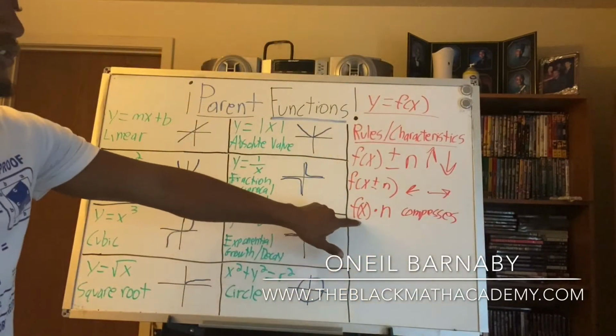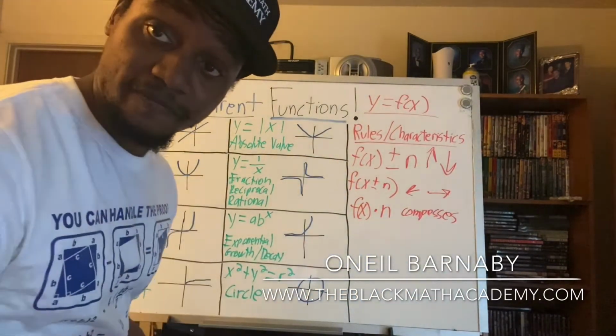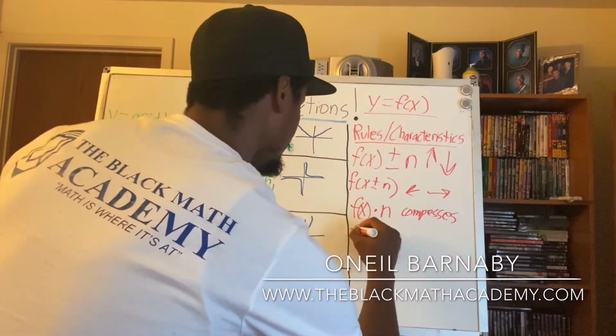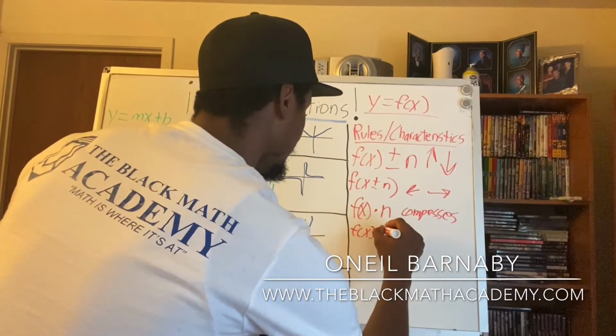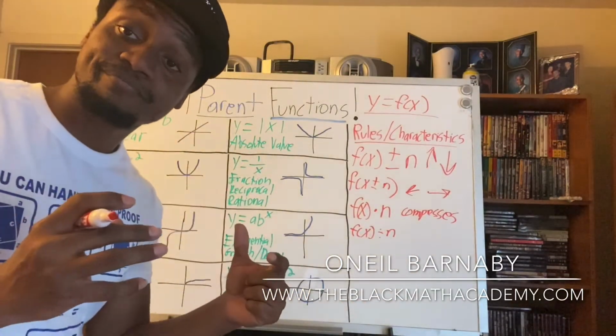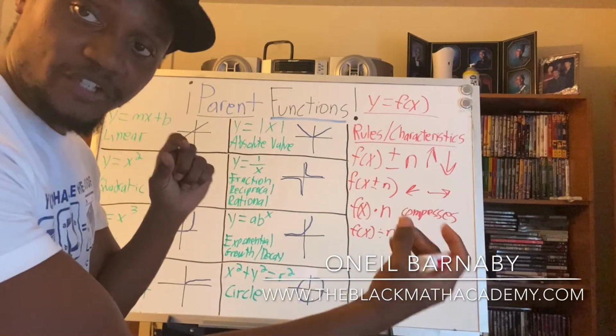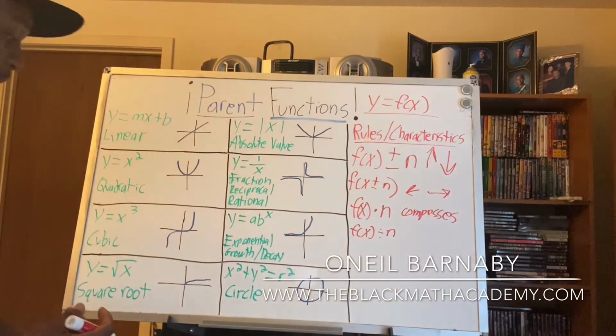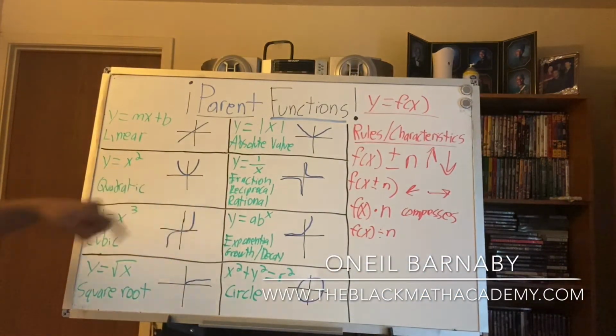It compresses the function itself. And then conversely, if you take the function and divide by a number, that'll be a stretch. So it widens the function itself. A good example of that would be, again, the quadratic one.